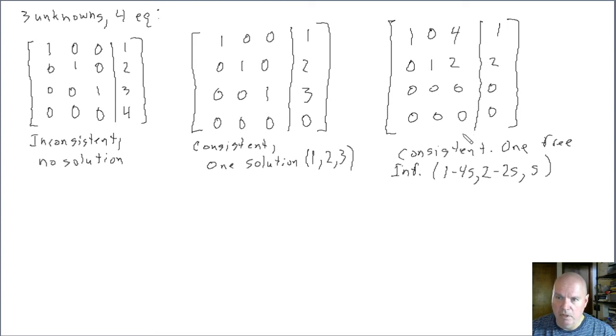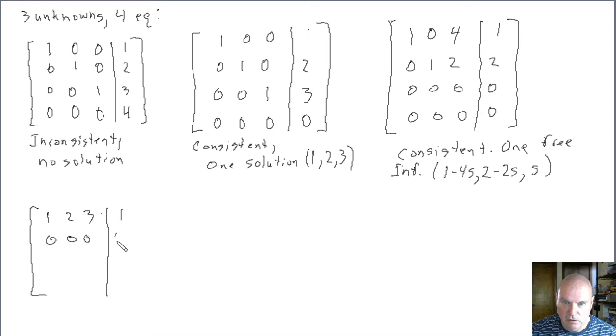Now, it could be possible even to get something like this, where I might have 1, 2, 3, and 1, and then all zeros in the remaining rows. Still consistent. I've got 1 leading variable and then 2 free variables, so it is consistent. There are infinitely many solutions.